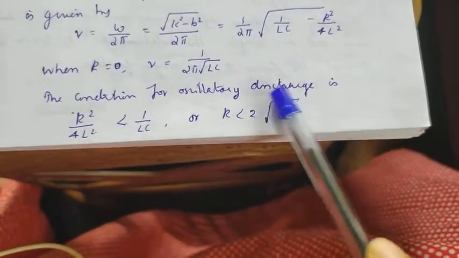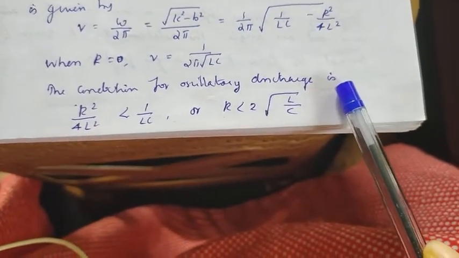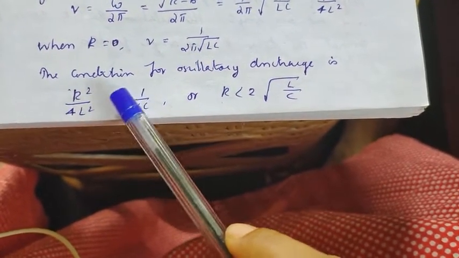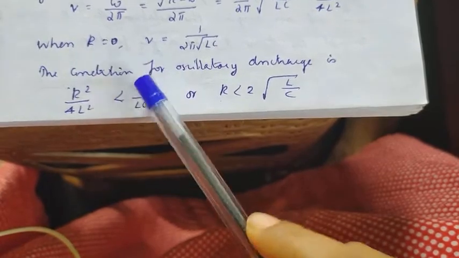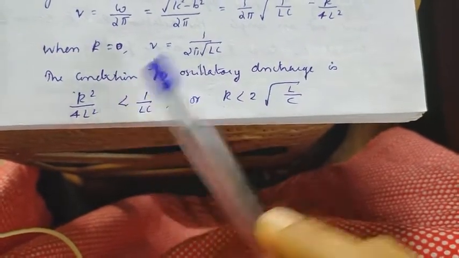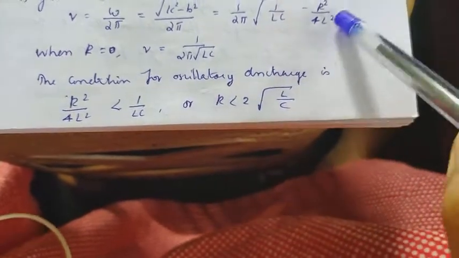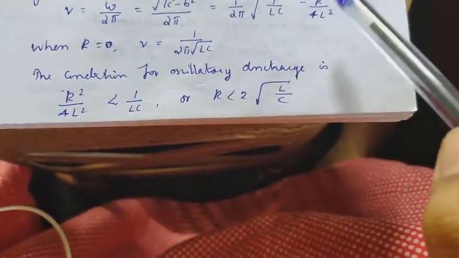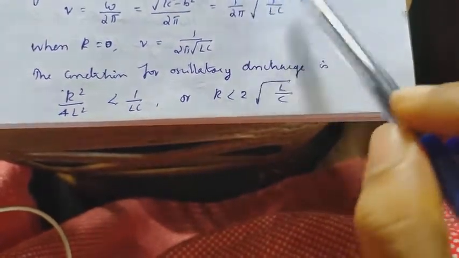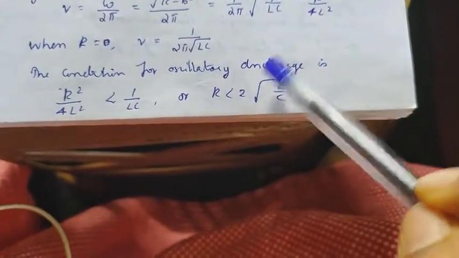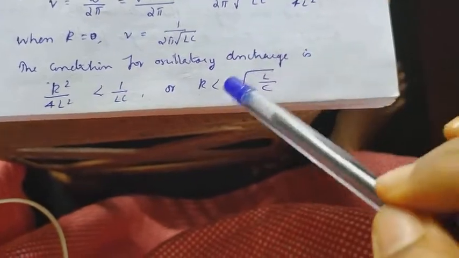The condition for oscillatory discharge is r square by 4l square very much less than 1 by LC. Very much less than 1 by LC means this value is very small compared to this, so the frequency will become approximately 1 by 2 pi square root of LC. It's purely oscillatory.